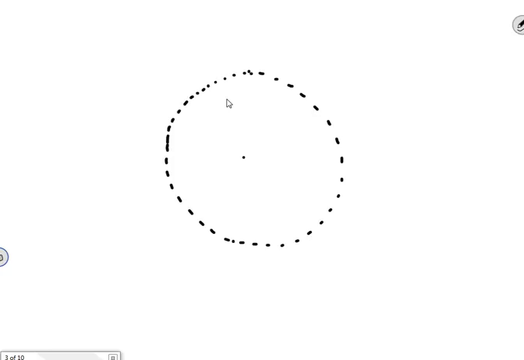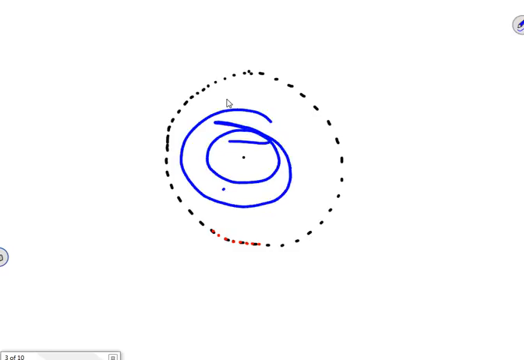Every single one of these points is on the circle. But this point is inside the circle. Okay? All this space in here is in the circle. That is not on the circle. Okay? So we're just taking that definition and really understanding the specifics of what that definition is saying.